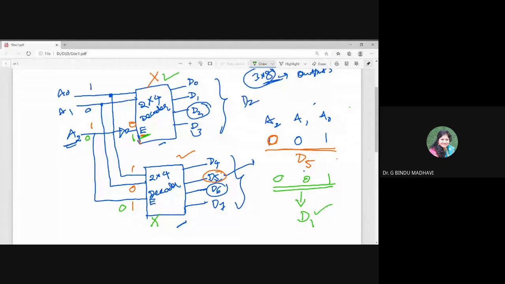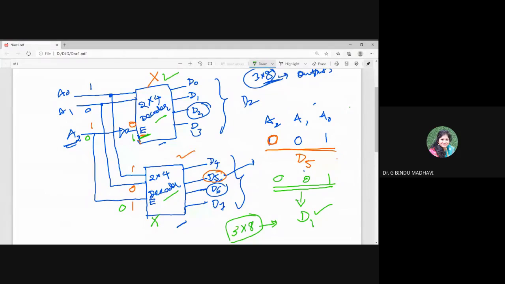That means with the help of small decoders you can construct a large decoder. Also you can expand the decoder. Here we are expanding the 2 by 4 decoder into a 3 by 8 decoder. The simple logic is every decoder will have only two inputs. The same input will be supplied to both decoders. We want to make it a single 3 by 8. 3 by 8 means 3 inputs should be there and 8 outputs will be produced. What are the 3 inputs?